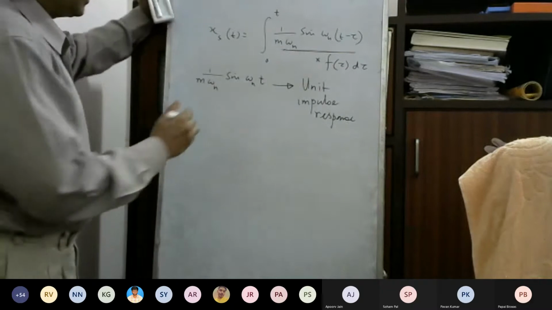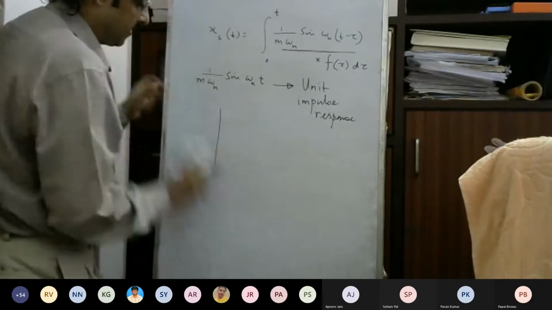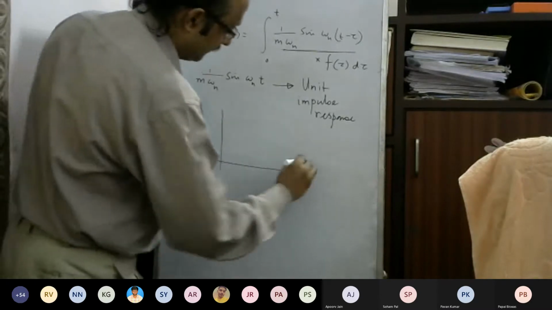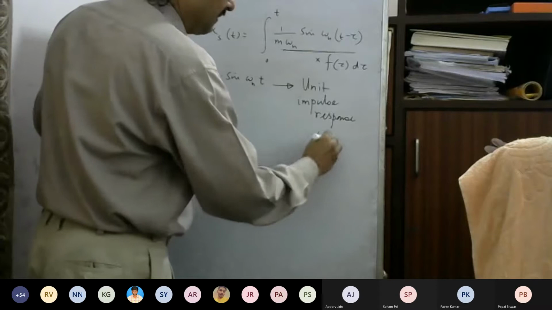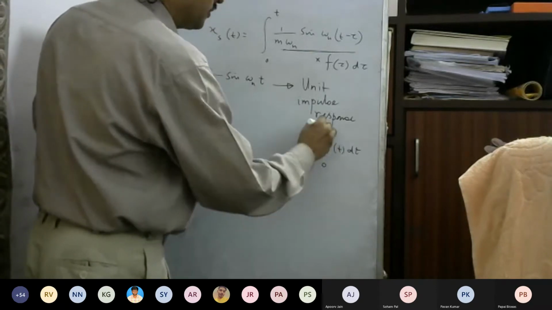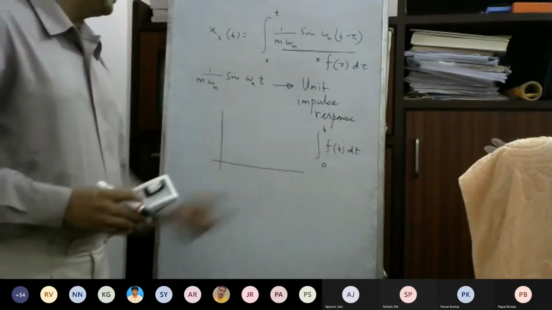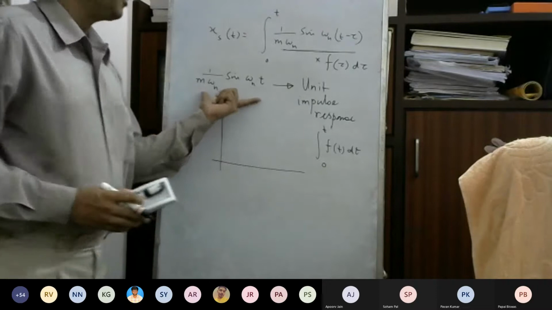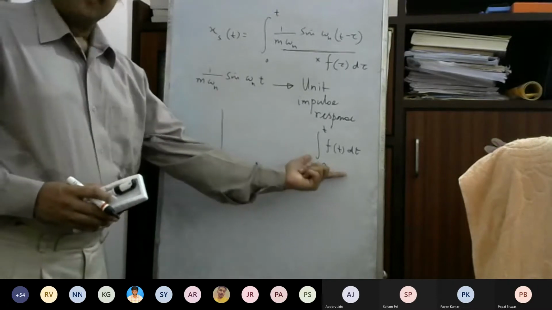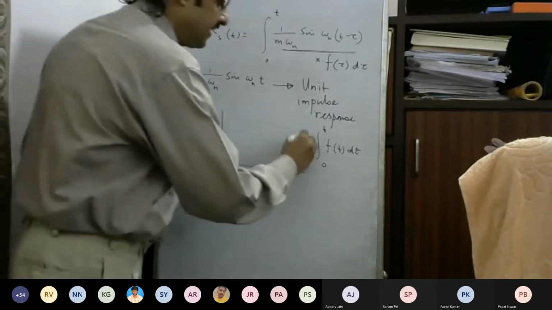Now, unit impulse. What is impulse? The definition of impulse is ft dt over 0 to t. Let us say this is defined as the impulse. So what it says is that this response is due to a force of this magnitude, which is this impulse, and that impulse is unity.